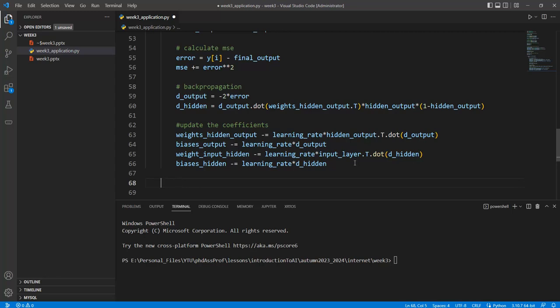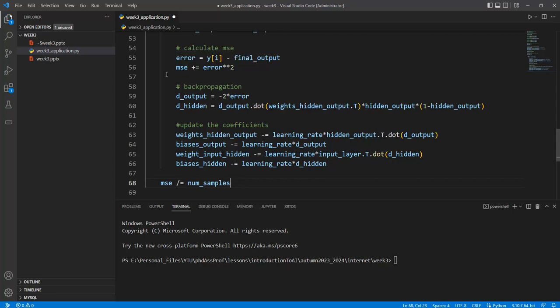After that we need to update in the epoch section. MSE is divided by num samples, because at each iteration we add the MSE values here.